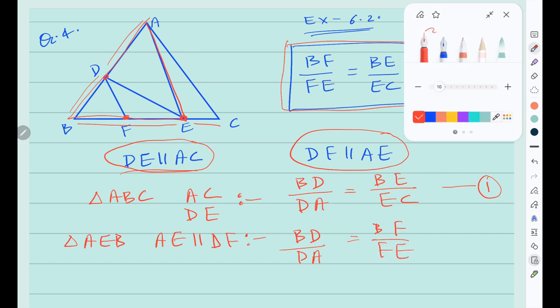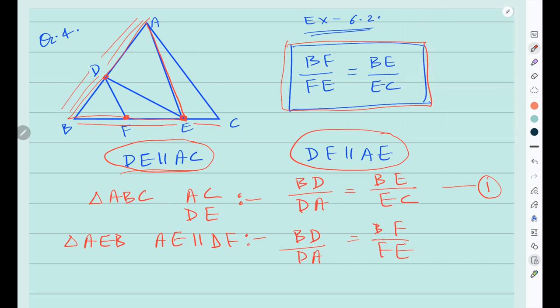I will also try to draw it. BD to DA will be equal to BF to FE, isn't it? There's no doubt about it.